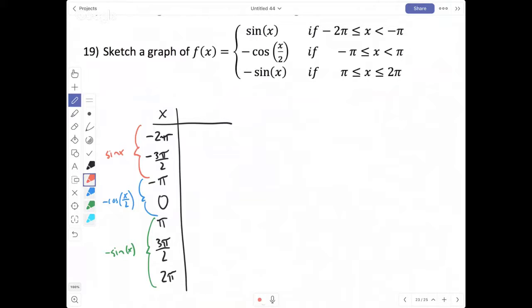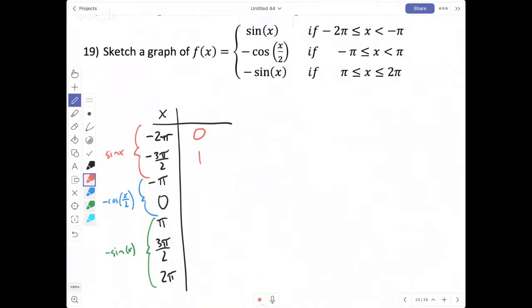Okay, so sine of negative 2 pi is 0. Sine of negative 3 pi over 2 is negative 1. Oh, sorry, no, it's positive 1.